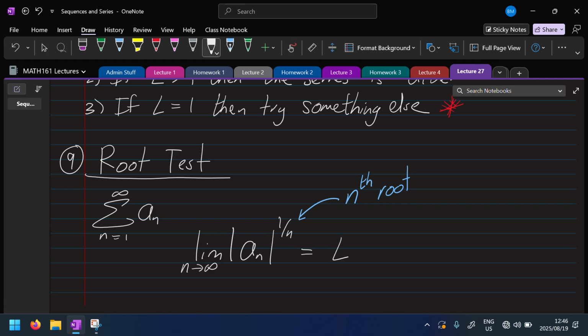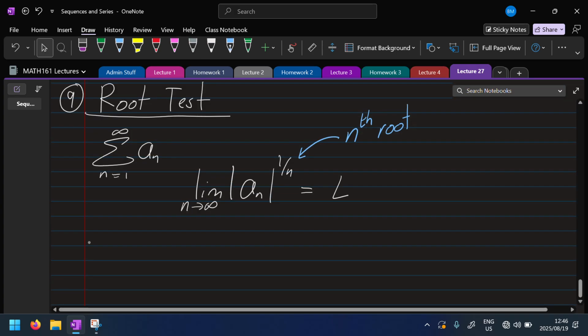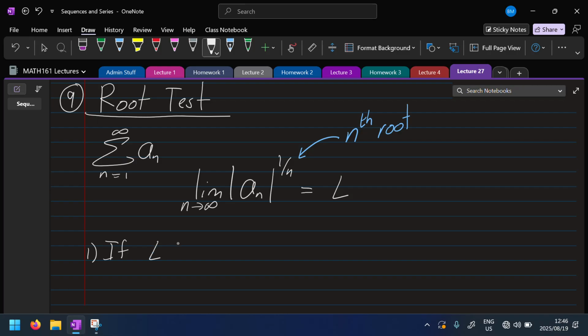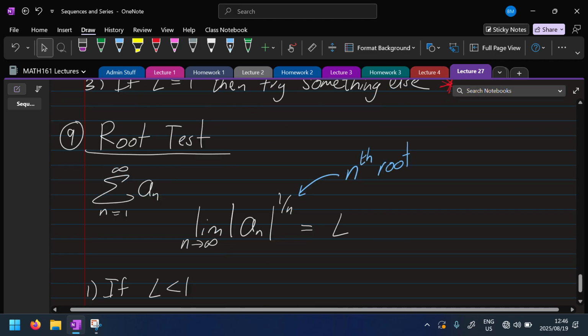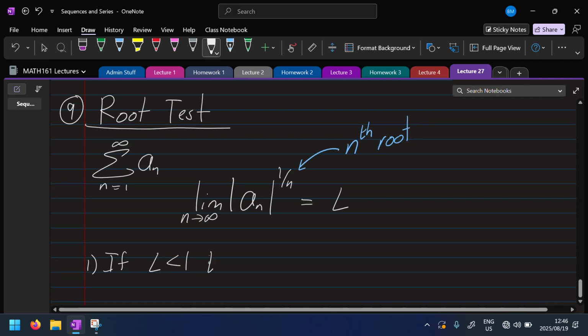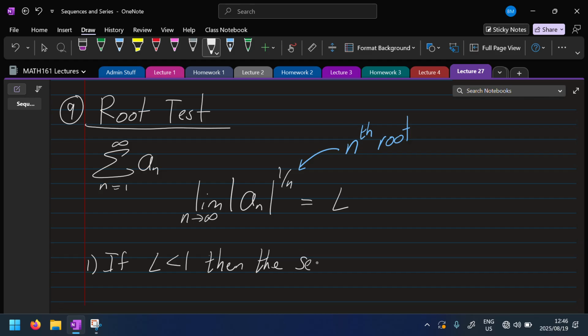Like before, there are three cases for L. Number 1, if L is less than 1, same as above, then it is convergent.